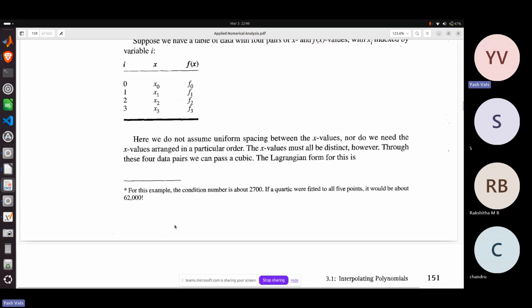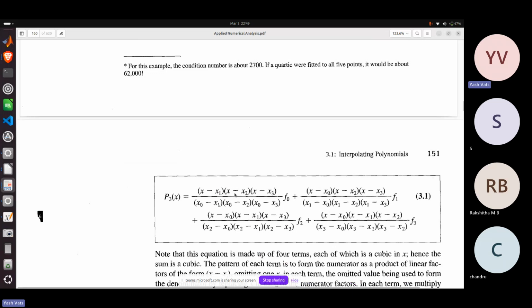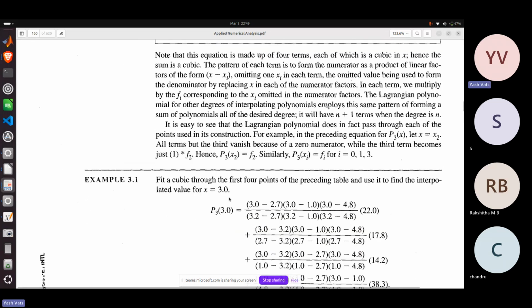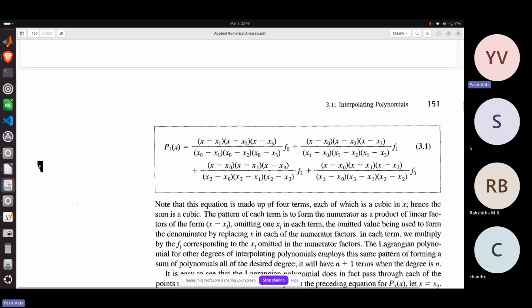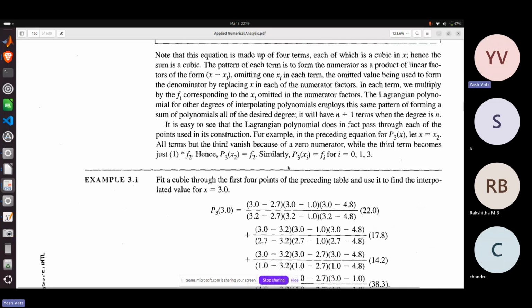So we do not assume uniform spacing. And if you have n points, then it is an n minus 1 degree polynomial. If you have n plus 1 points, then an n degree polynomial would be the case in this situation.